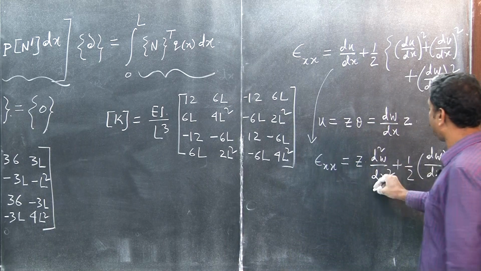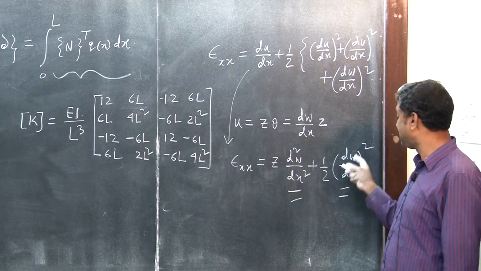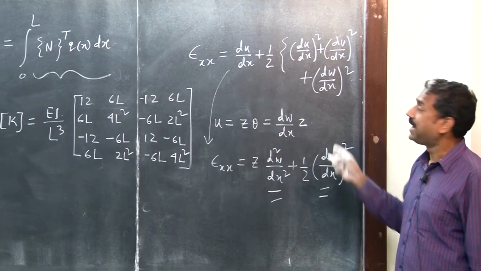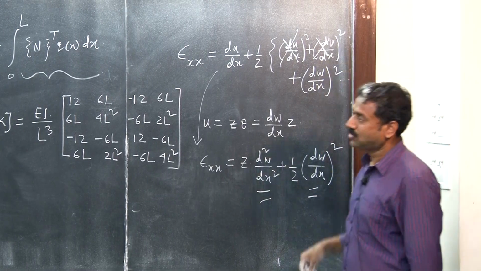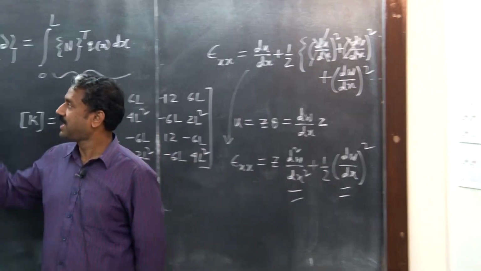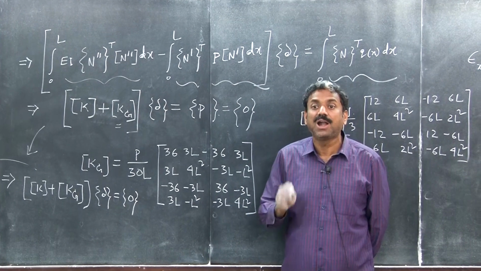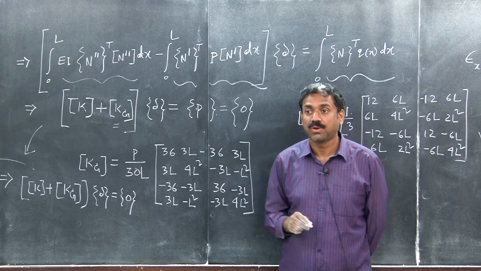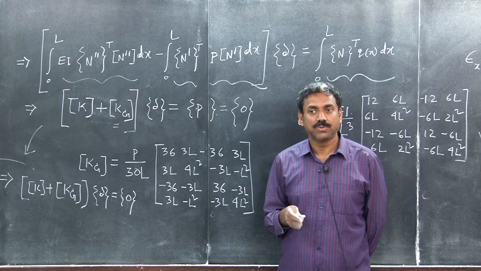So this first term is contributing to bending and is linear, but this one, dw dx square, is non-linear. The other terms are dropped because they will be negligible. So the origin of the geometric stiffness matrix lies in non-linearity, but it is not capturing the full geometric non-linearity. It is a part of the geometric non-linearity that we are capturing, at least for this beam formulation, right. Of course, we can have a generalized formulation for the geometric stiffness.